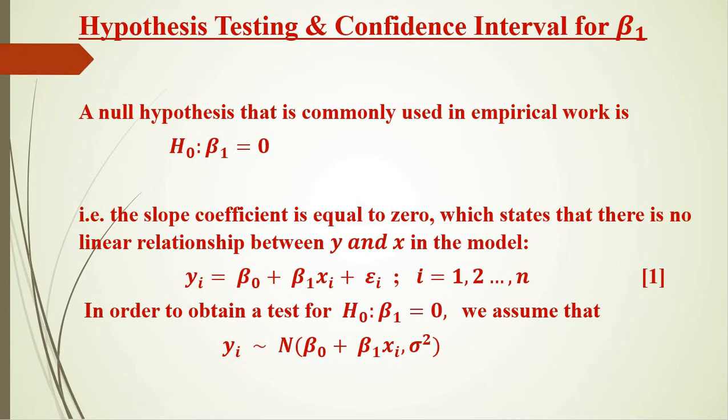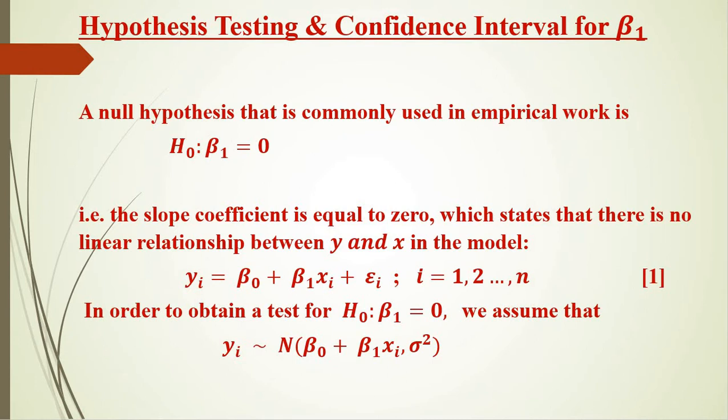Our simple linear regression model was that yi equal to beta naught plus beta 1 xi plus epsilon i. Here we have n observations, n pairs of observations xi, yi. So we are getting n such equations. Here i takes the values 1 to n.